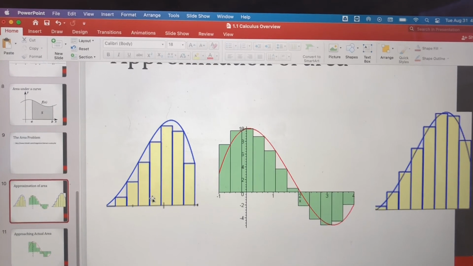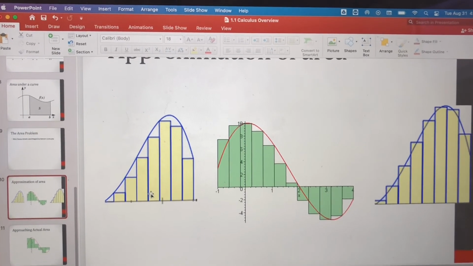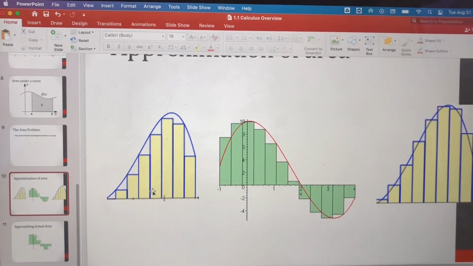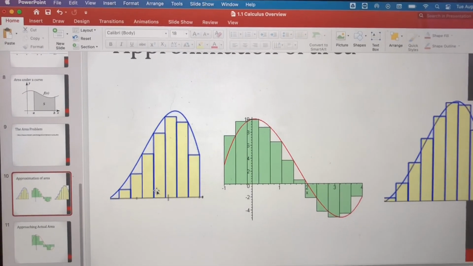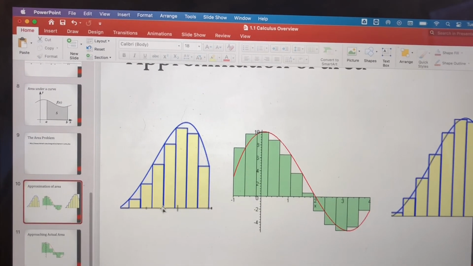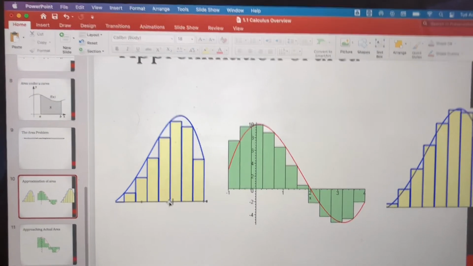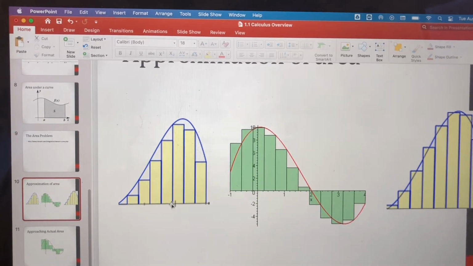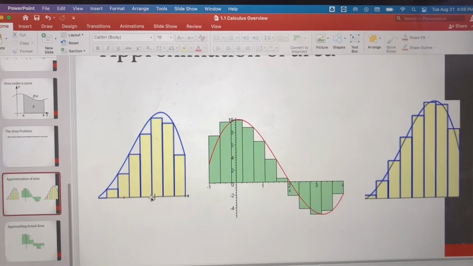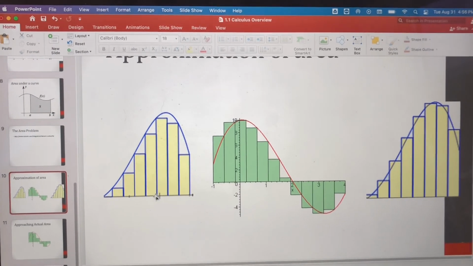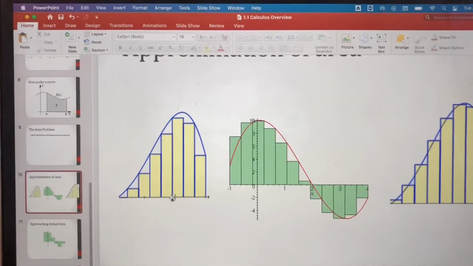So now, if there's infinity rectangles, I will get the exact area, not an approximation, under a curve. Secondly, what's the width of each rectangle going to be super duper close to if I have infinity rectangles? I'm going to say that again. What would the width of each rectangle be approximately? It would be approaching 0.